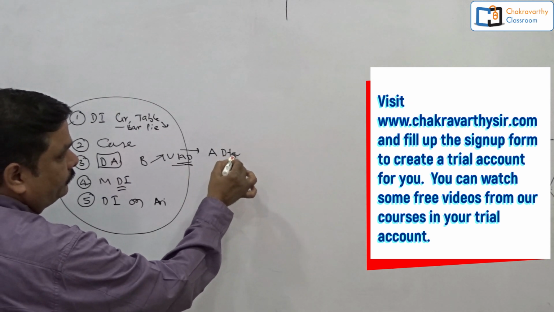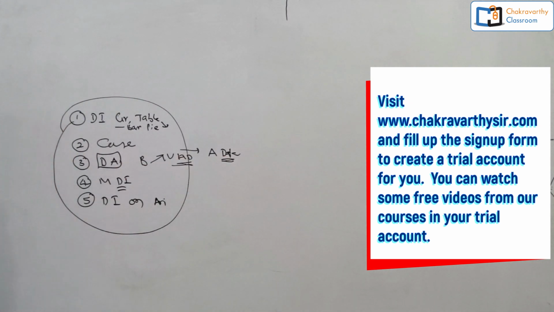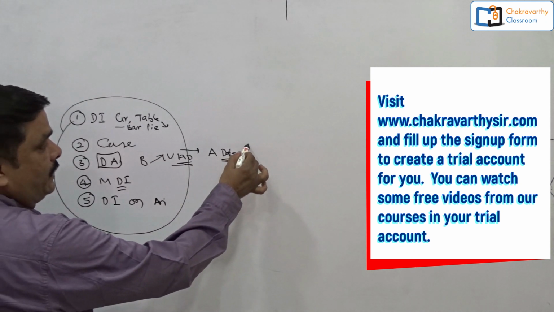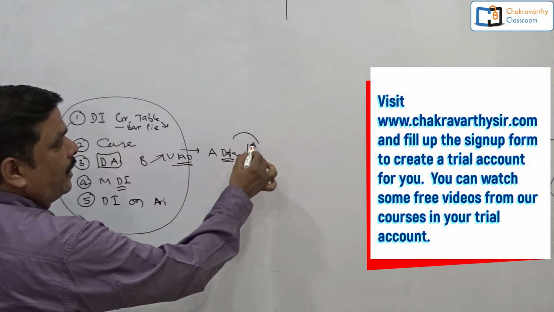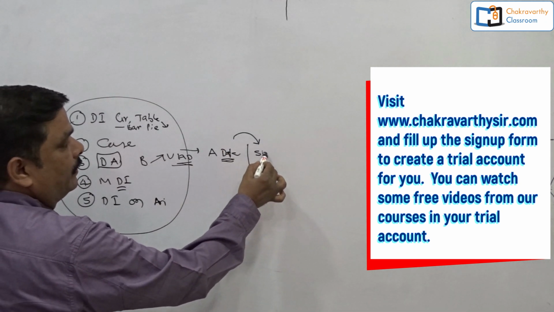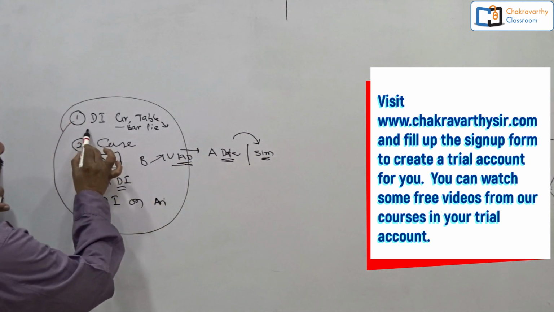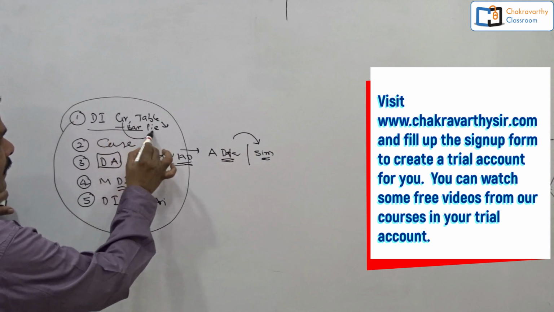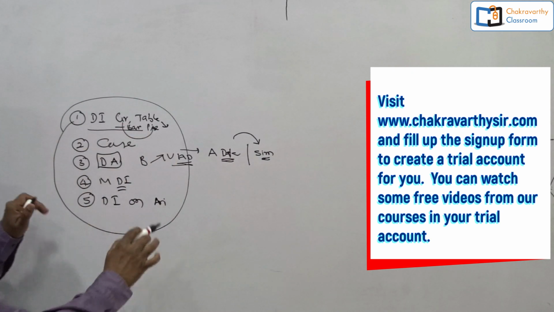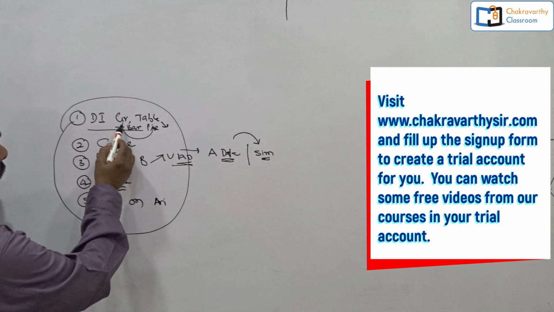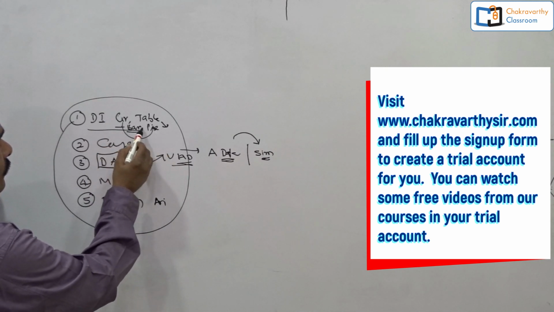Then after that, find the answer after simplifying the data. That's it. Suppose they have given DI based on one graph and table. Many times they give one question based on one graph and table.